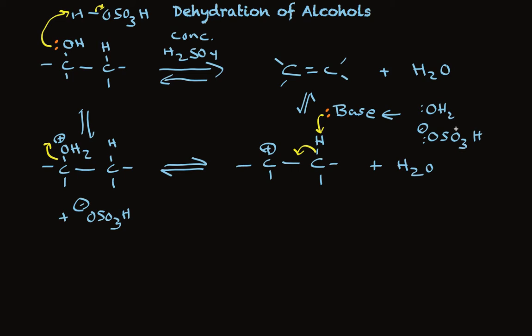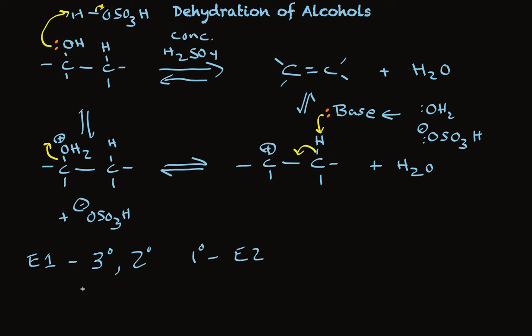Now, there are two or three things to say. Number one is, notice that this is an E1 mechanism. And we know that E1 mechanisms are typical of tertiary and secondary substrates. Primary alcohols also undergo dehydration. We're going to have to modify our scheme here to accommodate the E2 mechanism for primary substrates.